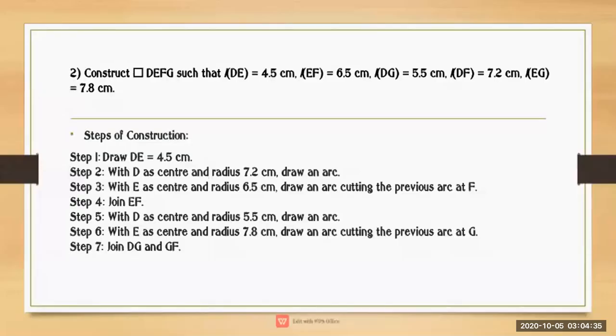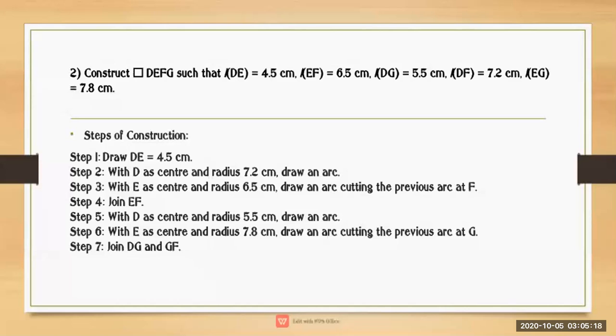Now here the second question is, construct quadrilateral DEFG such that line DE equal to 4.5 centimeter, line EF equal to 6.5 centimeter, line DG equal to 5.5 centimeter, line DF equal to 7.2 centimeter, line EG equal to 7.8 centimeter. So in this question, everything is given in centimeter and only lines are given.